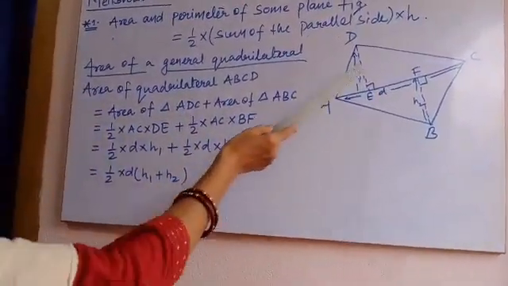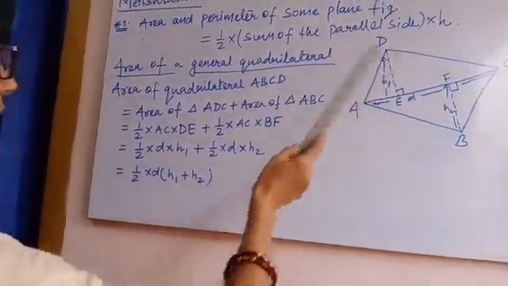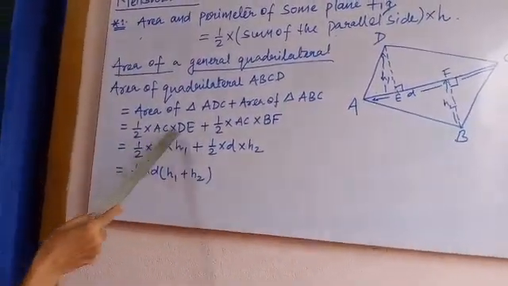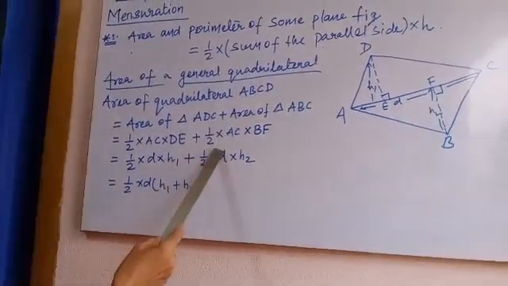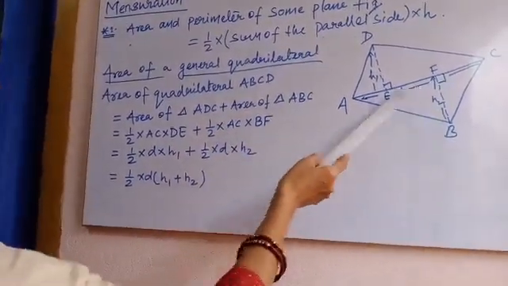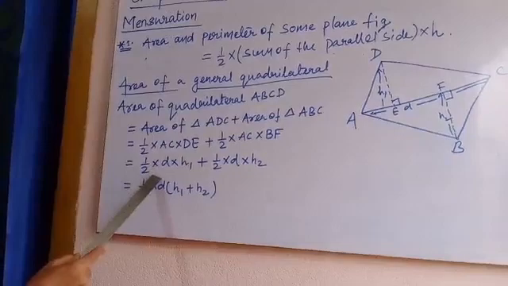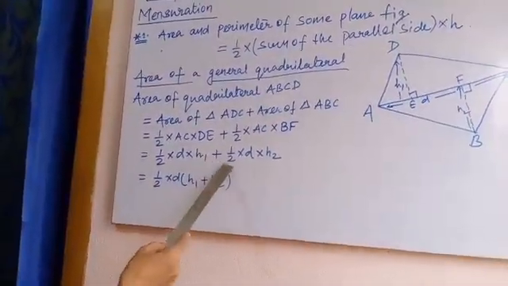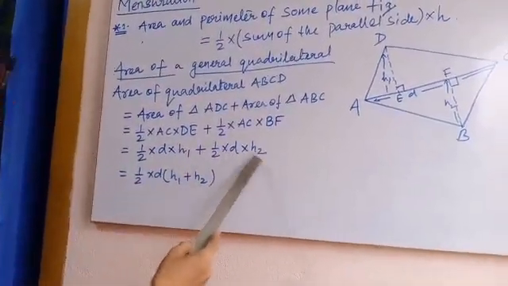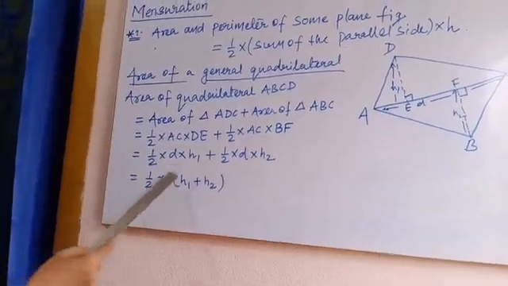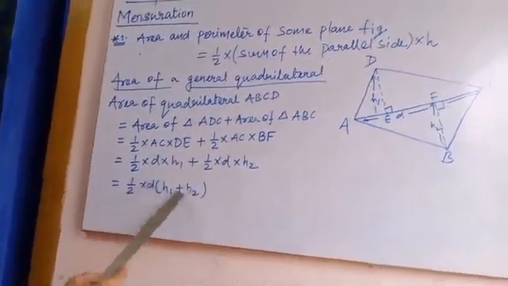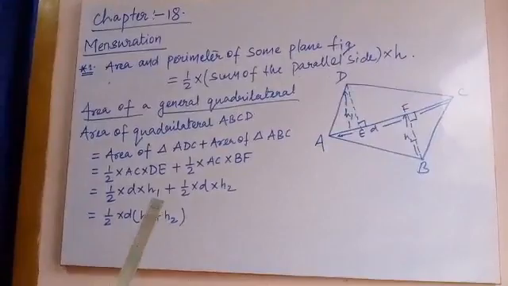So the area equal to 1 by 2 AC into DE plus 1 by 2 AC into BF, equal to 1 by 2 D into H1 plus 1 by 2 D into H2, equal to 1 by 2 D, which is common, and then in bracket H1 plus H2.